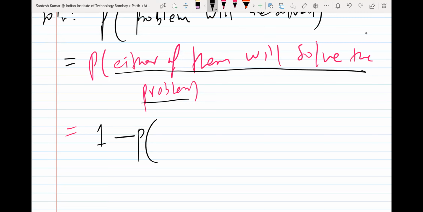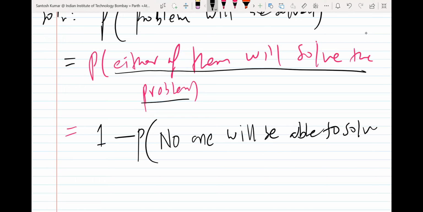The complement will be that no one can solve the problem. Out of three, no one will be able to solve the problem. So 1 minus the probability that no one will be able to solve the problem.